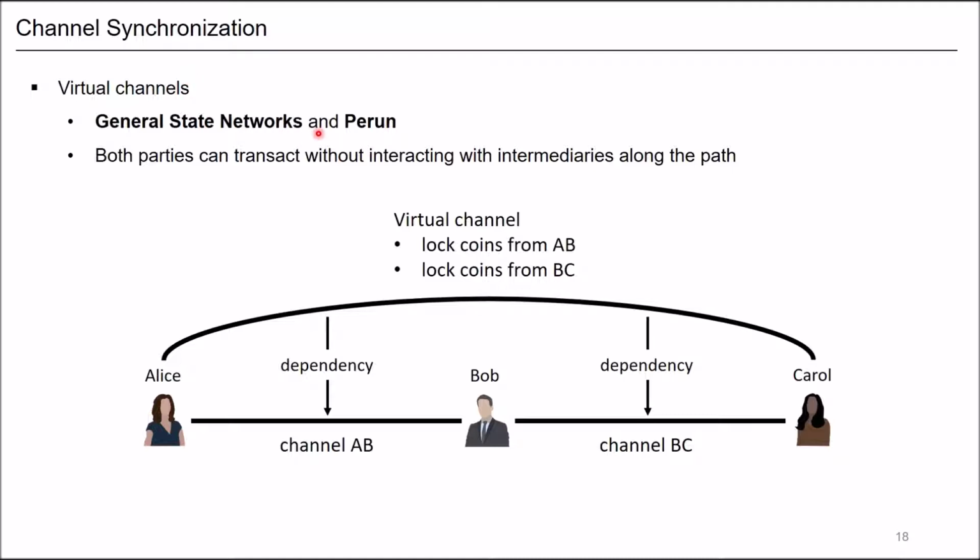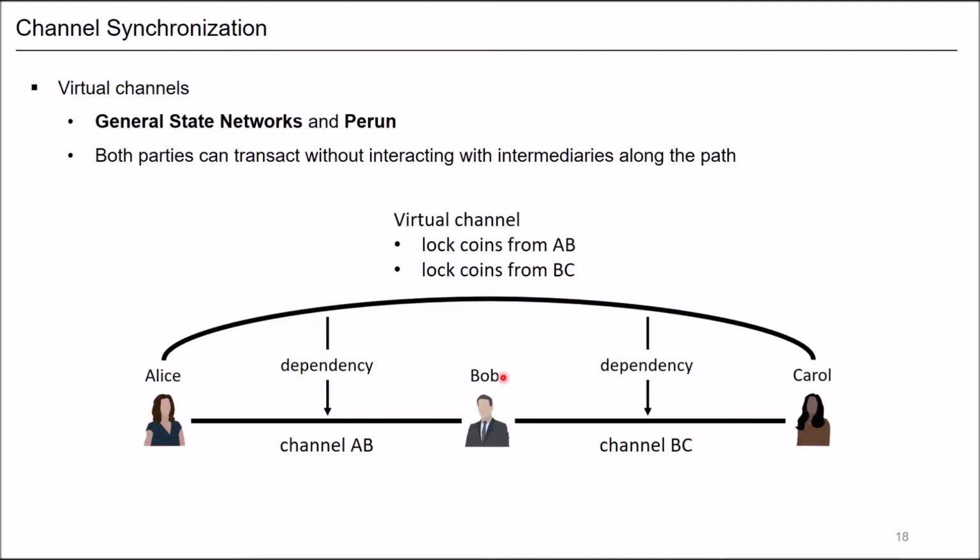General state networks and Perun address these shortcomings with the introduction of virtual channels that support payment and state transitions. All intermediaries along the route can lock coins for a fixed period of time, and both parties can treat the path as a new virtual channel connecting them directly, like here.